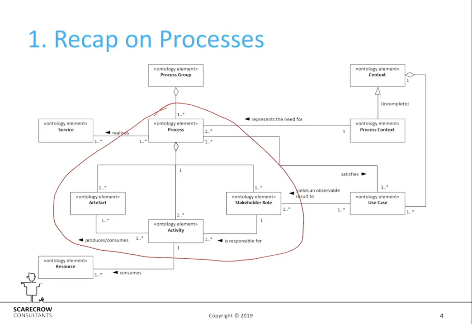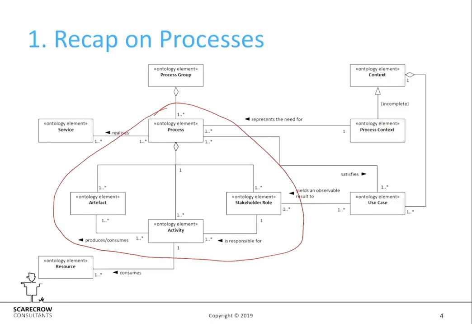Those activities are designed ultimately to produce artifacts, and those artifacts could be documents, they could be designs, they could be actual systems, bits of code, bits of equipment. So the things that the processes actually produce.